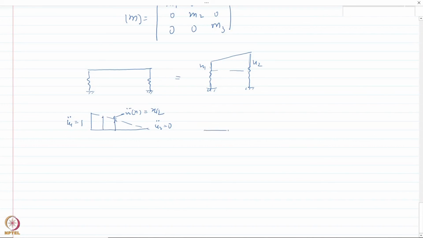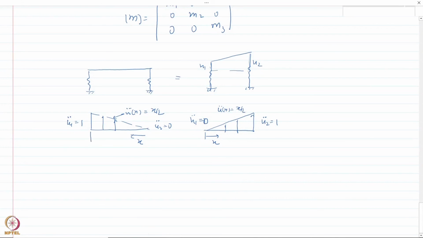In the second case, u1 is equal to 0 and u2 is equal to 1. Again, if you consider x from this direction, your acceleration at x would be equal to x by L.